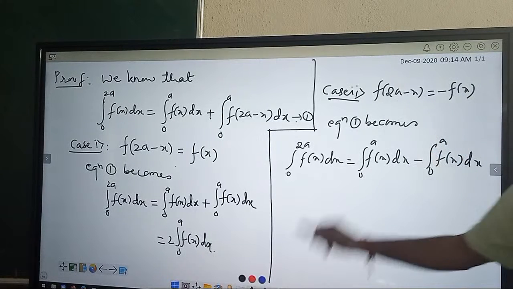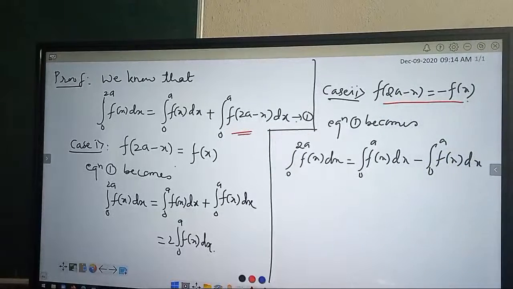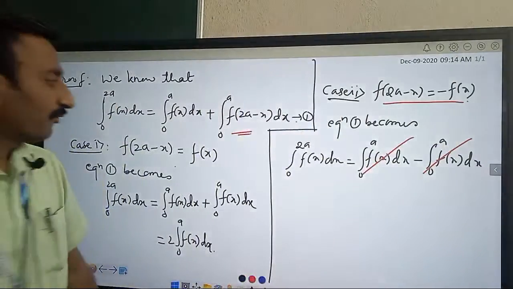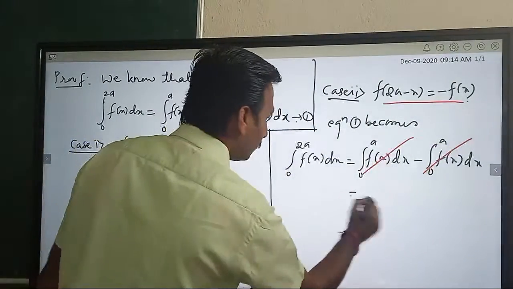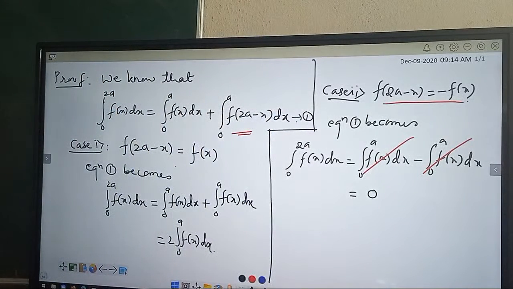Why? This is very important, and I have taken this value here. Correct? So this and this are similar terms and they cancel. So finally you are getting the answer as 0. So this is my proof for property number 7.